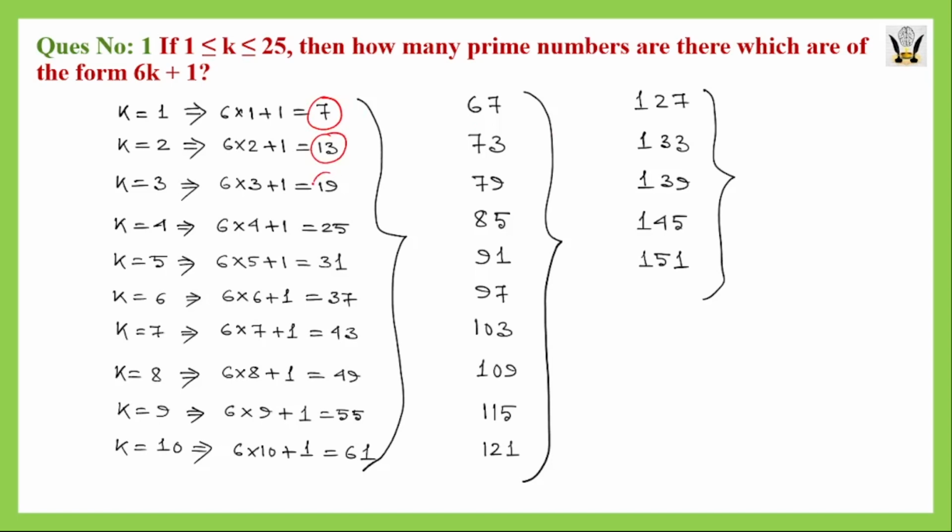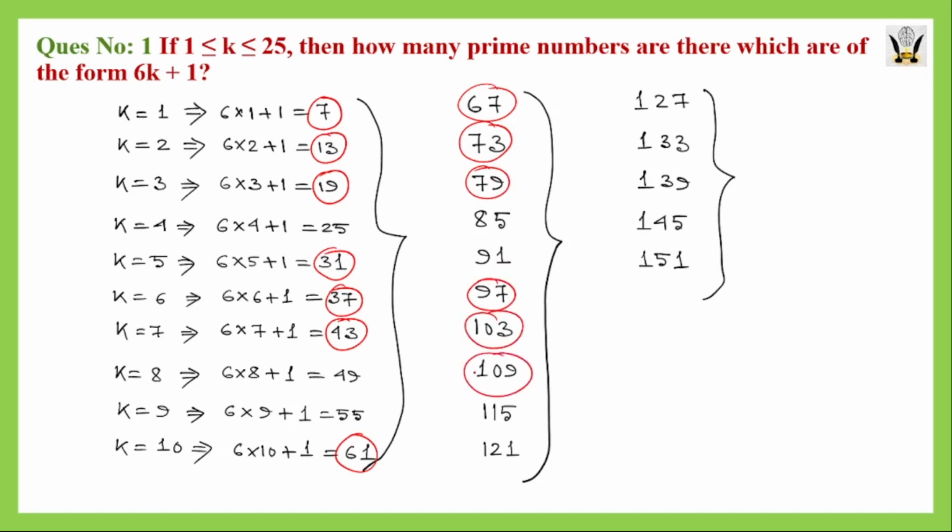Now among these 25 numbers, what we can see is 7, then 13, then 19. These three are prime numbers, 25 is composite, then 31, 37, 43 are prime numbers, 49 and 55 are composite, then 61, 67, 73, 79 are prime numbers, then 85 and 91 are composite numbers, then 97, 103, 109, these three are prime numbers, then 115 and 121 are composite.